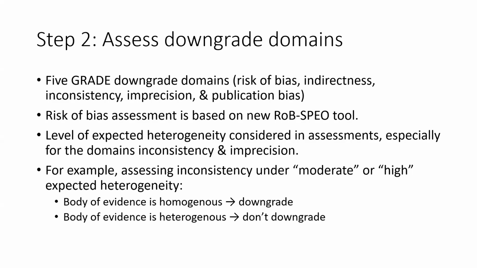So we expected the body of evidence to be heterogeneous, but we found it to be homogeneous. So there might be some issue and our certainty might be reduced as a result of this. It's surprising because normally, of course, we wouldn't expect that. And similarly, if the body of evidence is indeed heterogeneous, as we have anticipated, then we wouldn't proceed to downgrading.